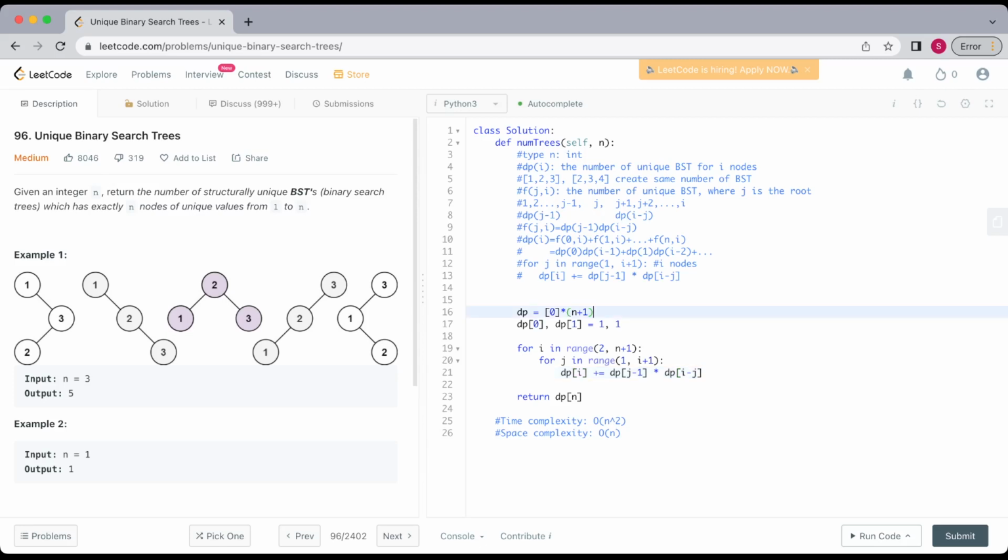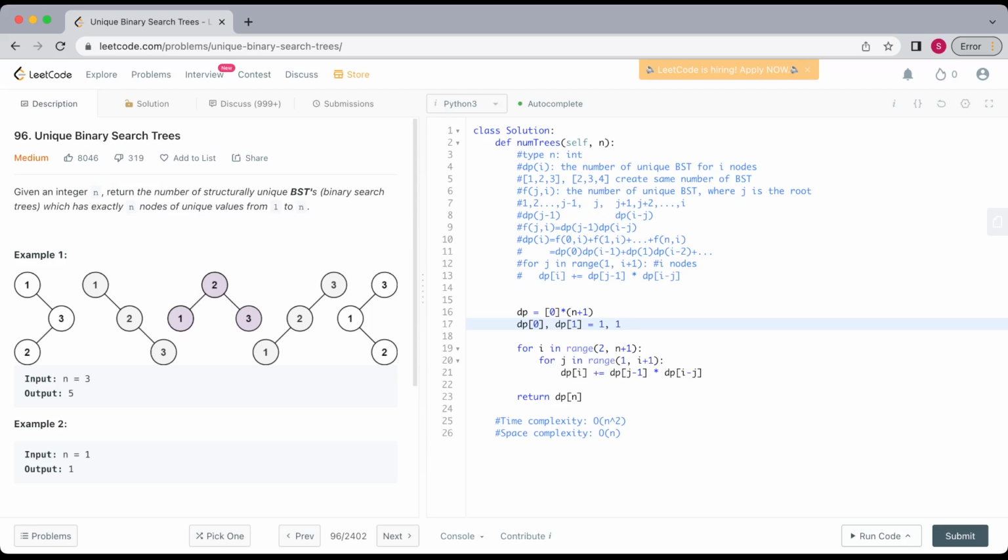Here we have dp[0] to dp[n]. There are n plus 1 numbers for the dp list. And then the special cases include dp[0], which is 1, and dp[1], which is also 1. So for 0 nodes, we have only one structure, and for 1 node, we have only one structure as well.